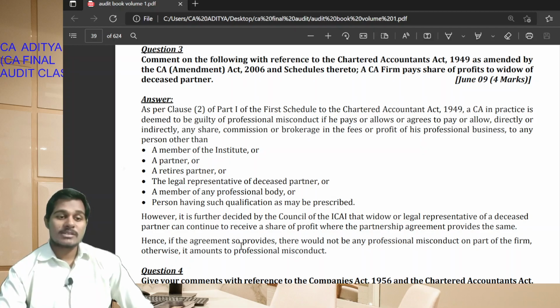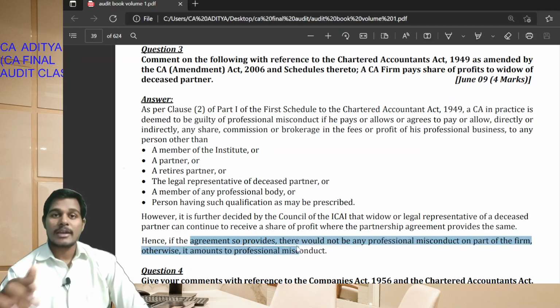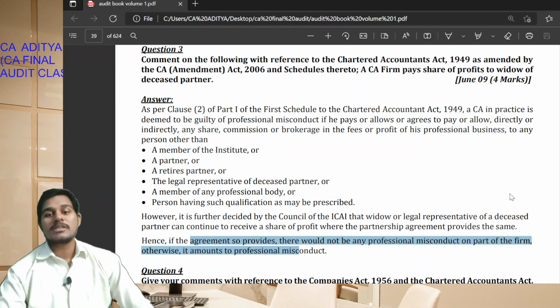See students, hence in the agreement so provided there will not be any professional misconduct on the part of the firm. If it is provided in the agreement, there will be no misconduct. If it is not provided in the agreement, then it will be professional misconduct.